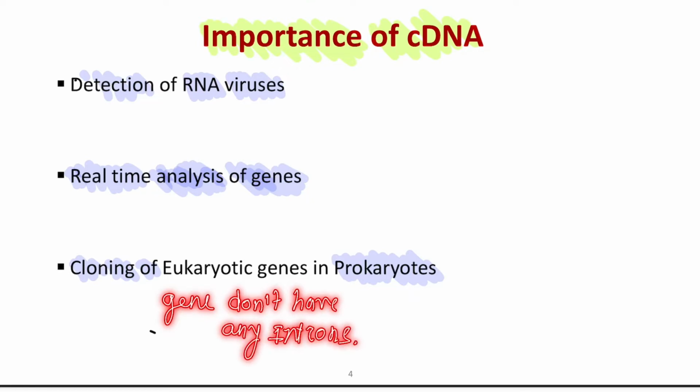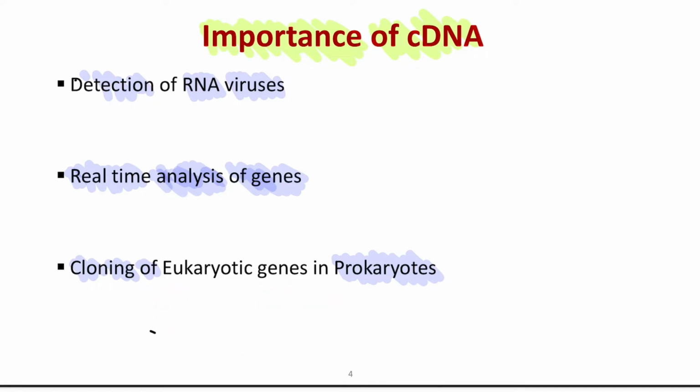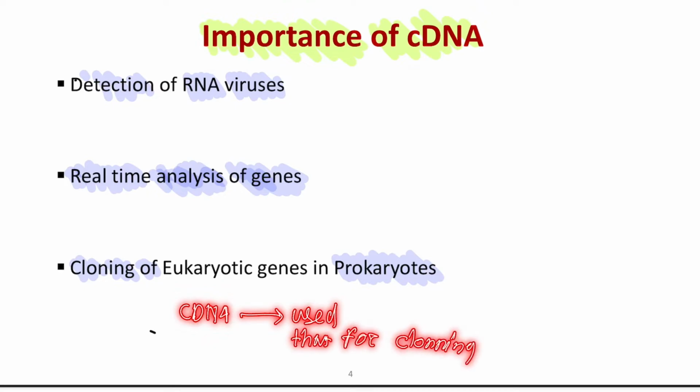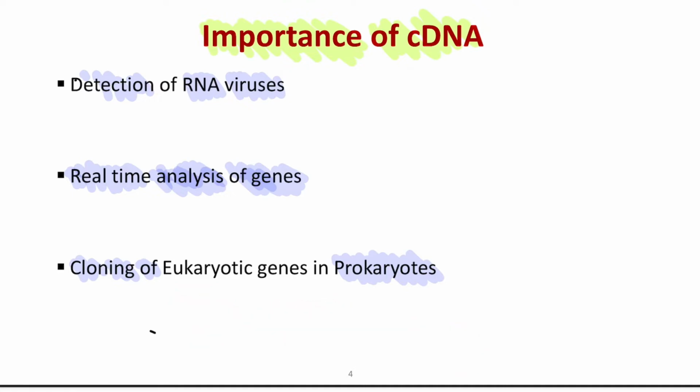That's why the best part here is the cDNA. As we are preparing the cDNA from the RNA molecule, there will not be any kind of introns present in the cDNA. That's why, if you want to clone the particular gene, it is very necessary to convert it into the cDNA, and then you can use that gene for cloning purposes. This is why the cDNA is very important.